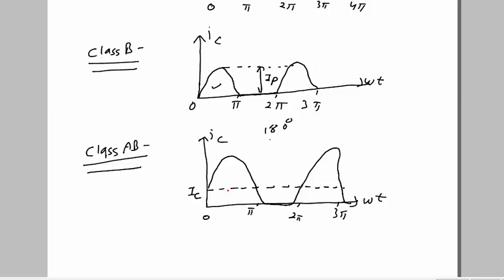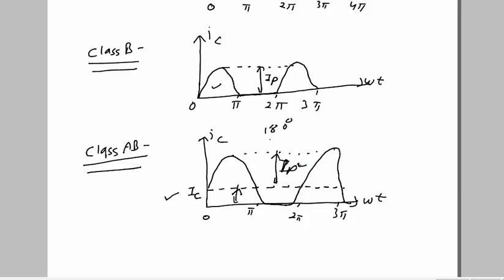The transistor is biased at a non-zero DC current much smaller than the peak current of the sine wave. So this is the peak current, and this IC or DC value is much lower than this peak current.